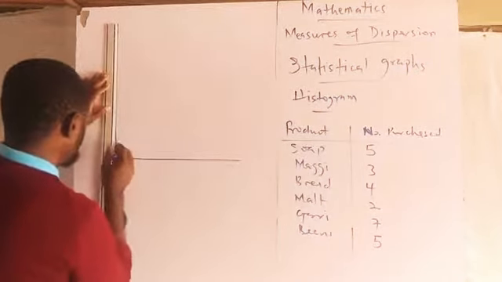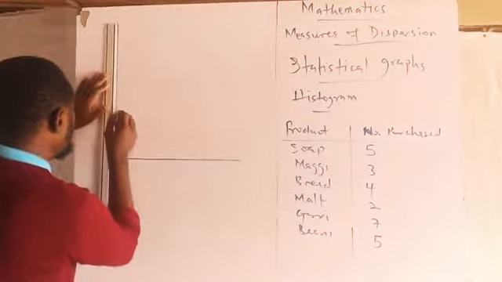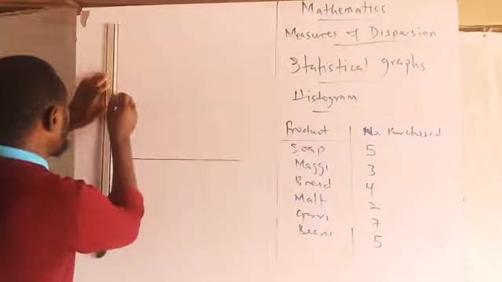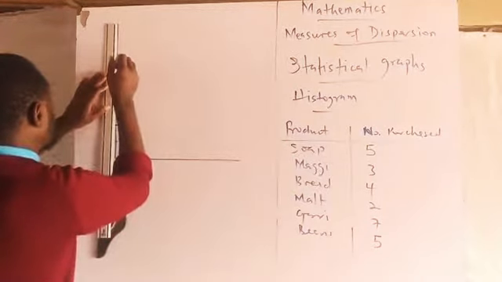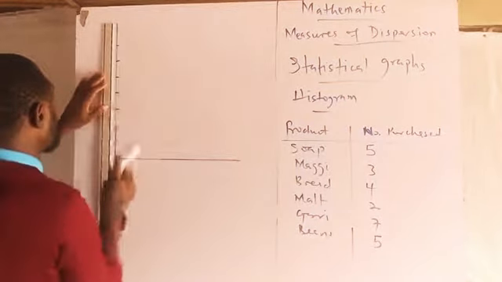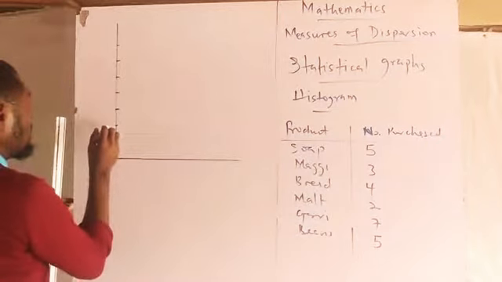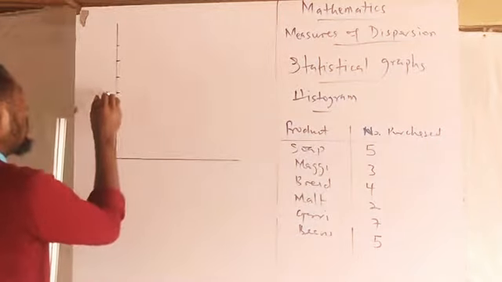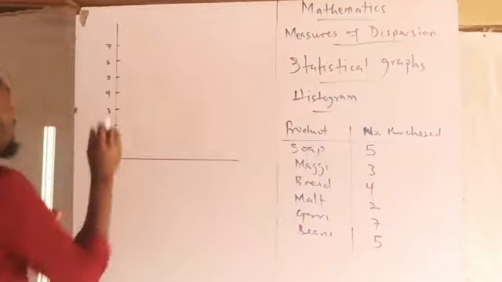We have 1, 2, 3, 4, 5, 6, 7. So we have that. We have 1, 2, 3, 4, 5, 6, and 7.